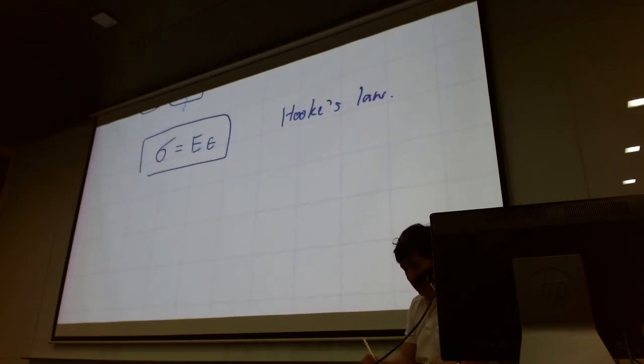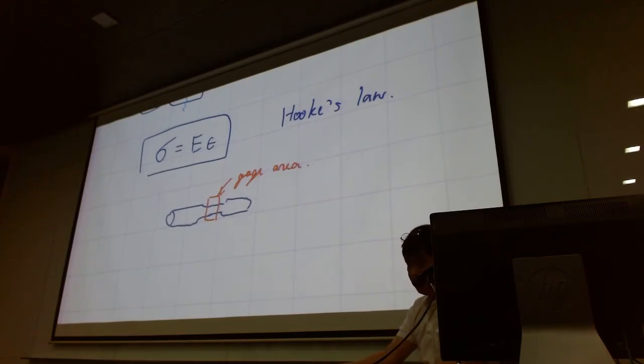And what happens here is that if you have the specimen, you only consider this part, what we call a gauge area, when you do the test. And we measure stress and strain in that area.